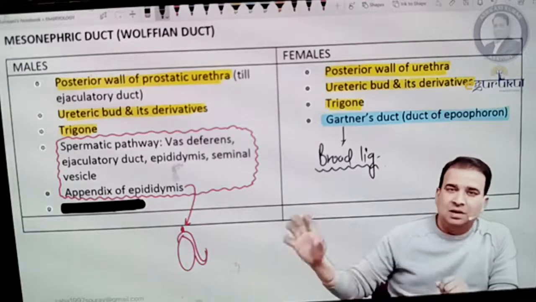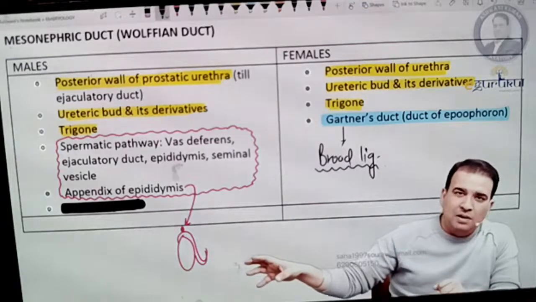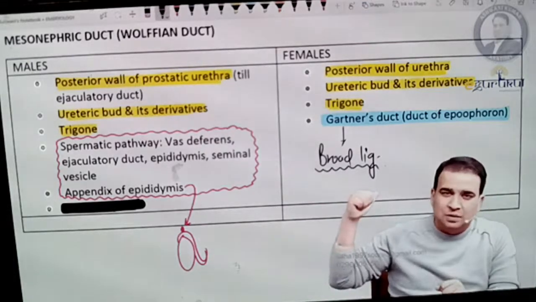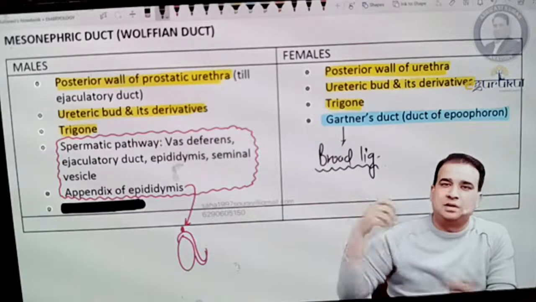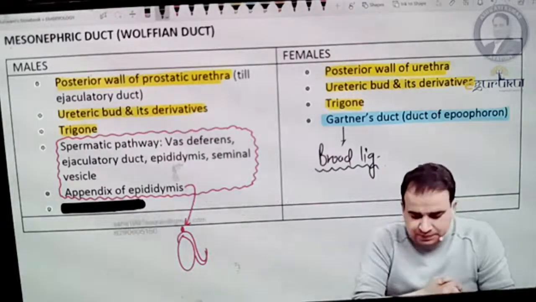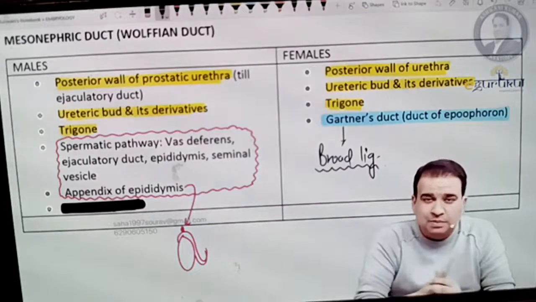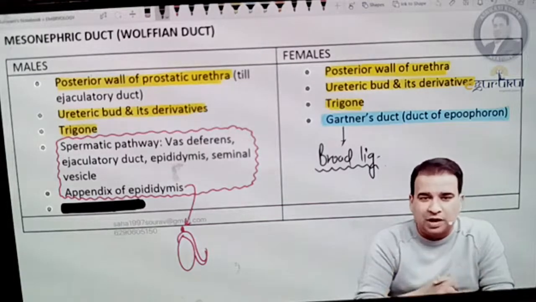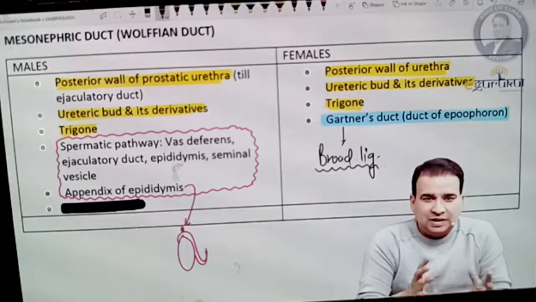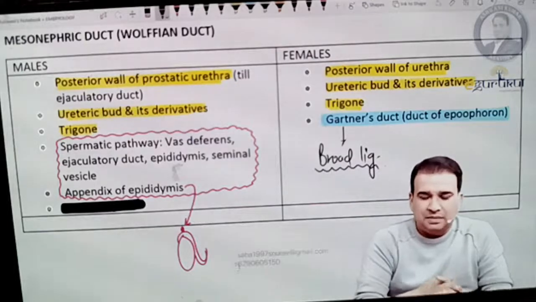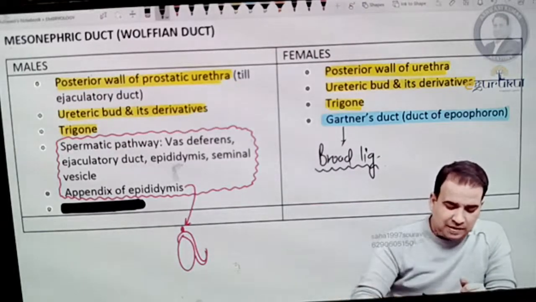Gardner's cyst is present in the upper vaginal wall. Gardner's duct, which is a remnant of the mesonephric duct, is present in the broad ligament, between the two layers of the broad ligament. So this is about the derivatives and the remnants of the mesonephric duct.